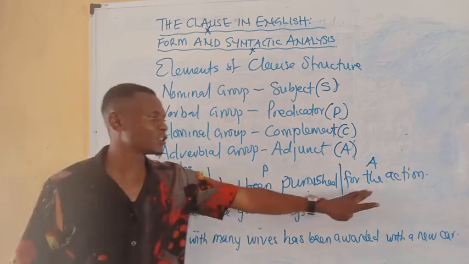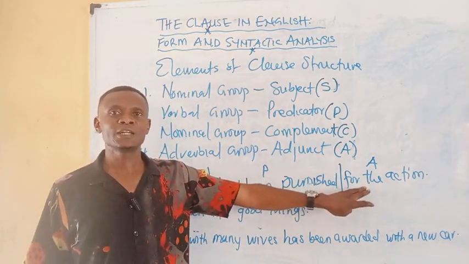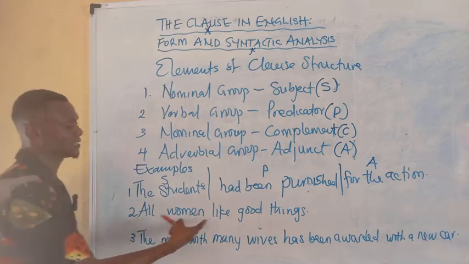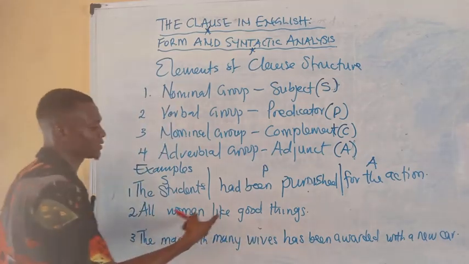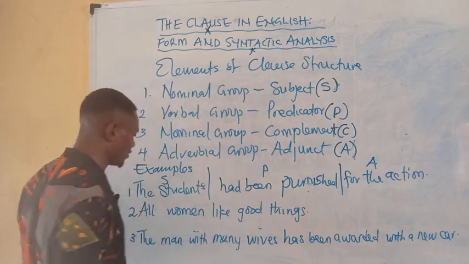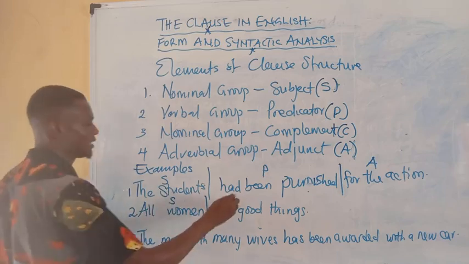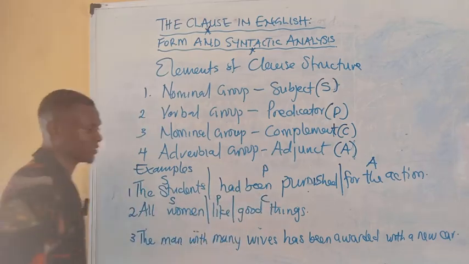This kind of adjunct is referred to as a prepositional headed adverbial group. Number two: all women like good things. All women is the subject, like is the predicator, good things is the complement.